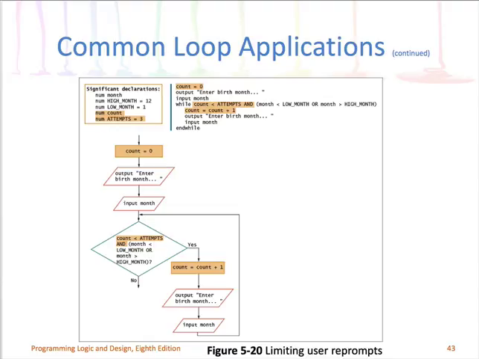But if the count gets greater than 3, then that expression is going to be false, and that loop is going to terminate. So it will give them 3 attempts to get it correct, and then the loop will terminate.